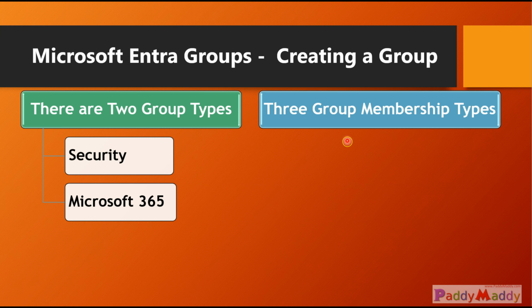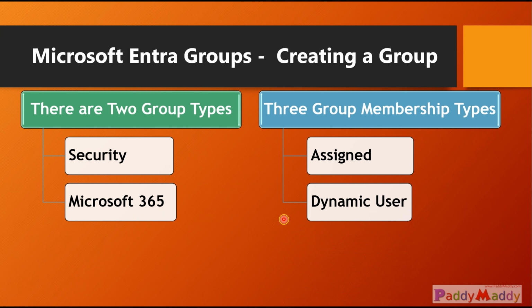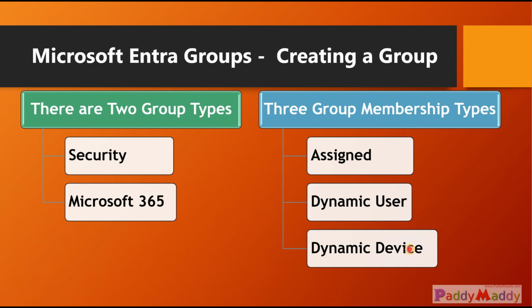Now let's understand about the membership. So the first membership would be the assigned, meaning you're straightforwardly assigning a user to any of these groups. It could be a security or it could be your Microsoft 365. But you also have an option called dynamic user as well as dynamic device. So the dynamic here stands for using some kind of a rule base.